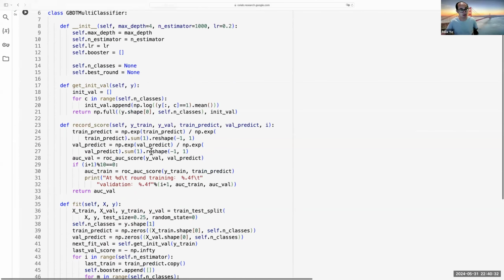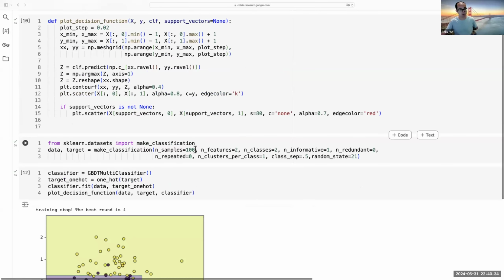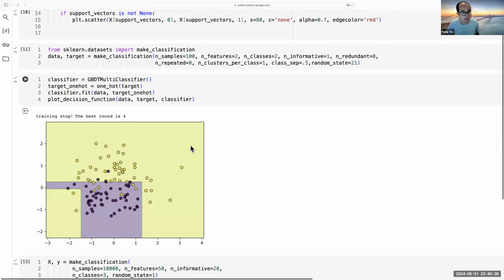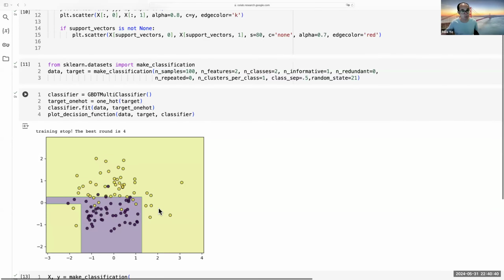I think here is a simple example that we already mentioned. This is a moons dataset, a classification dataset with 100 data points. We only have 2 features, so that's why we can make a plot right here.